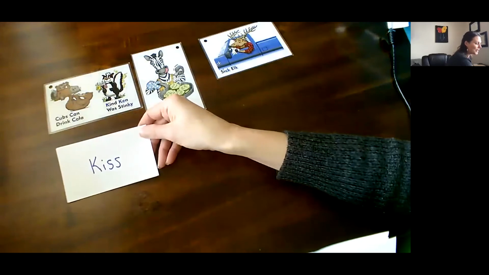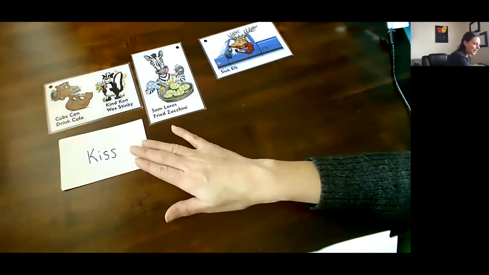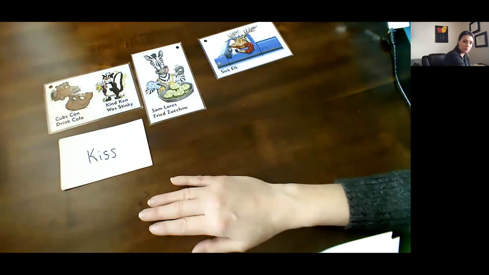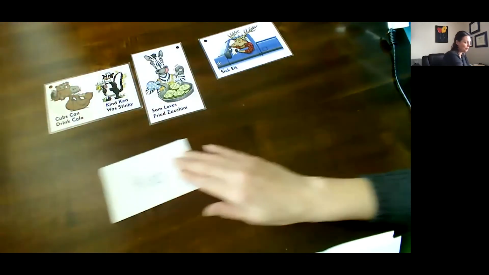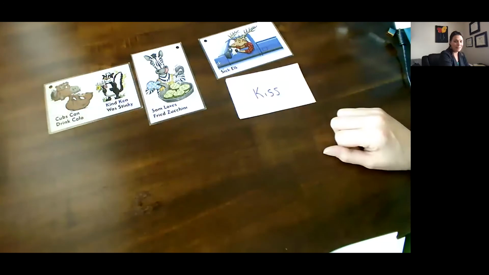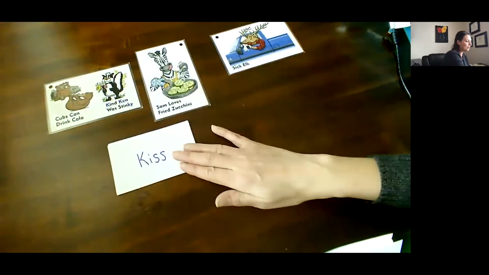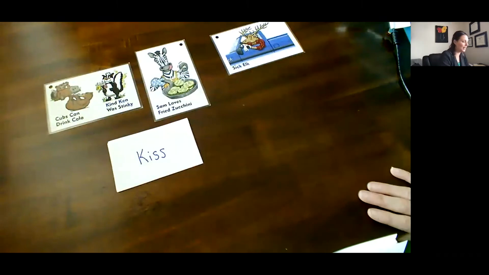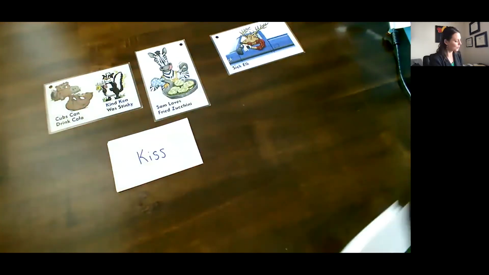We're going to categorize those as one and the same because the target sound is the same sound. Yeah, it could fit there, but guess what? It could also fit somewhere else. This could also be a Sam Loves Fried Zucchini rule, but it would not fit here. So we could place that card right in between these two rules to indicate that this word follows two different spelling rules.